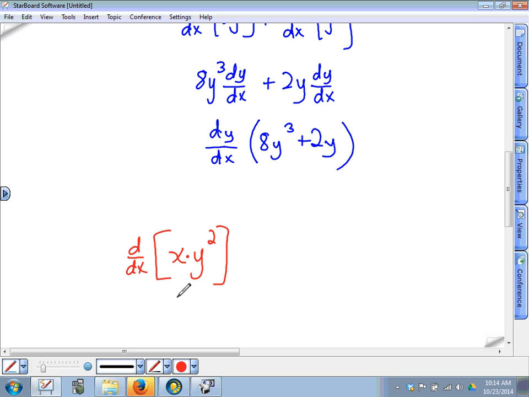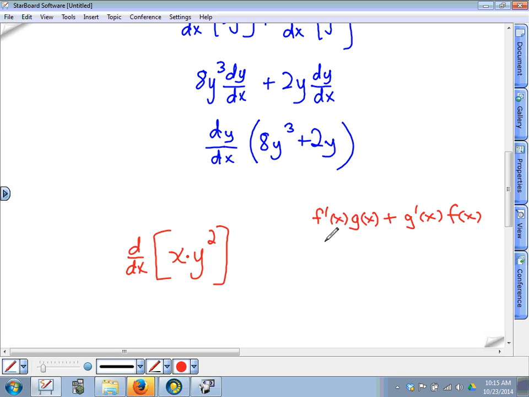So this is a product rule. The product rule says f prime of x, g of x, plus g prime of x, f of x. And the whole time we're taking the derivative with respect to x. Now, if we're taking the derivative with respect to x of something defined in x, there's no chain rule part.